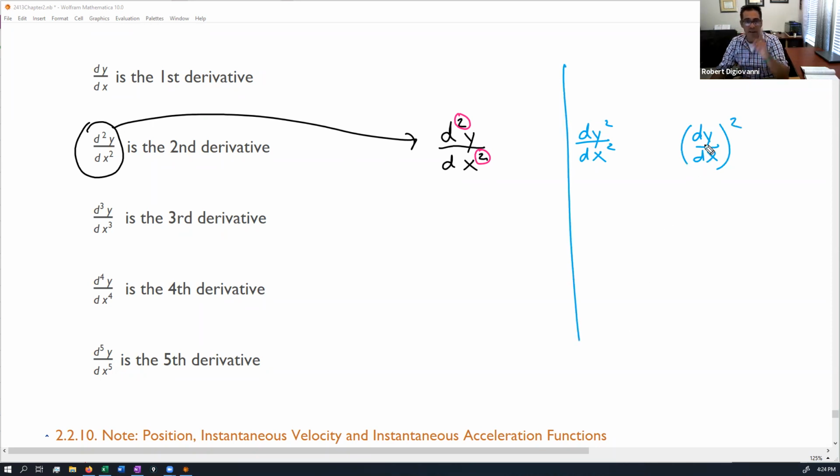This would mean take the first derivative and square it. That is not the same as this notation, which means take the first derivative and then take the derivative of that. Totally different concepts. So we offset the 2's so that you don't accidentally think that it's a squared on the top and bottom. It's a subtle notation thing, but we do it for all of the higher order derivatives with Leibniz notation.